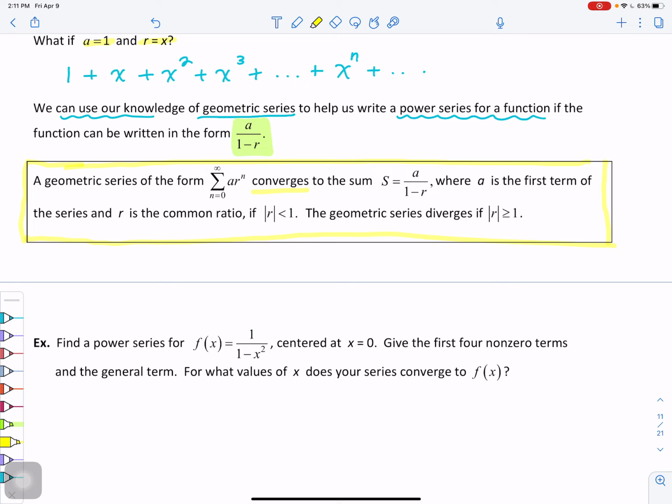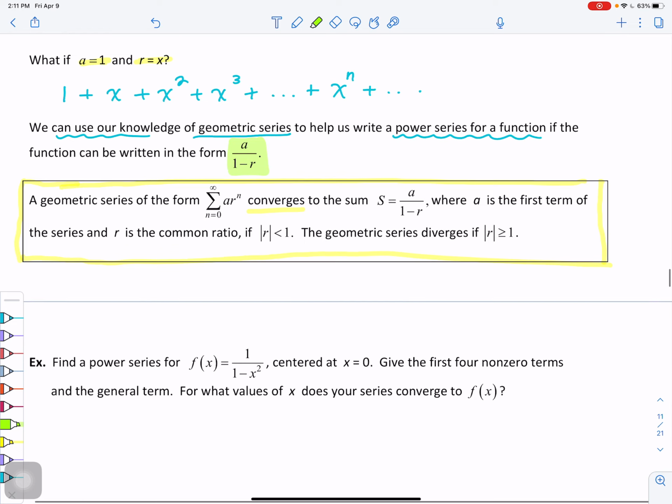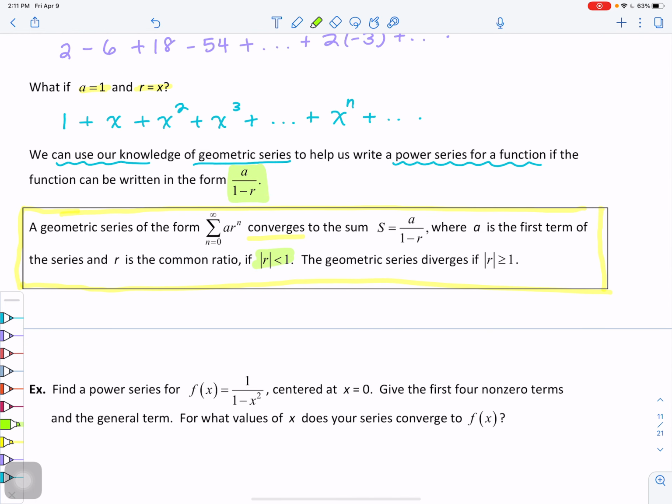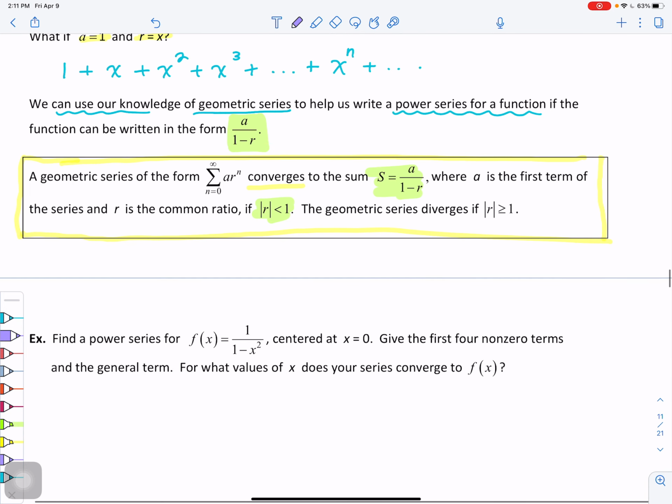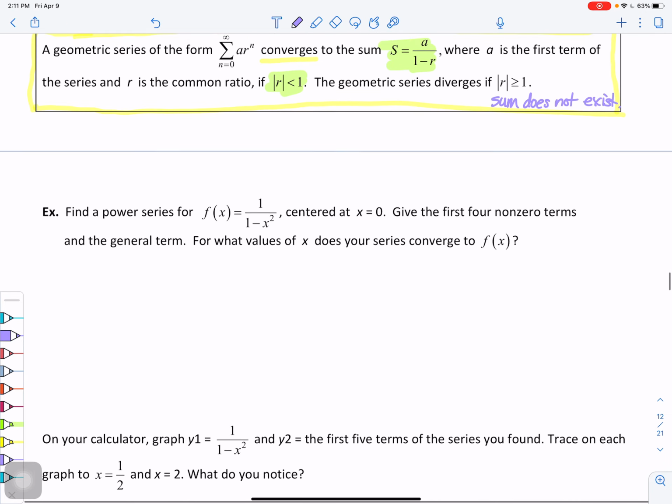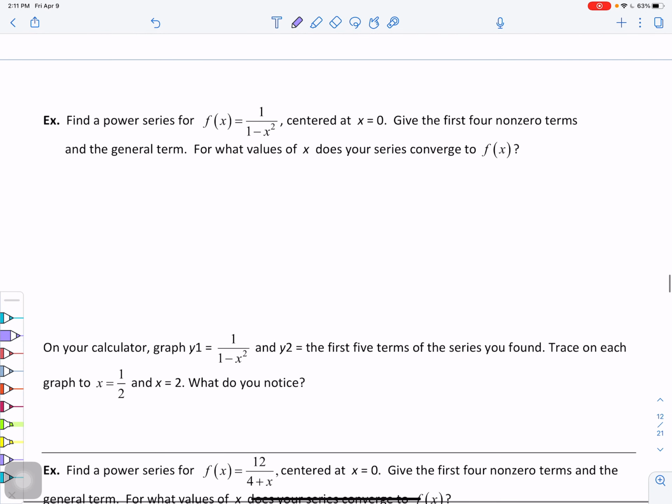Now, that is only the case if the absolute value of r is less than 1. If the absolute value of r is greater than or equal to 1, the sum does not exist. So we can only write the sum if that common ratio r is less than 1. Let's go ahead and take a look at this.